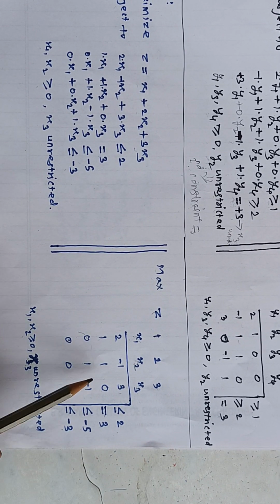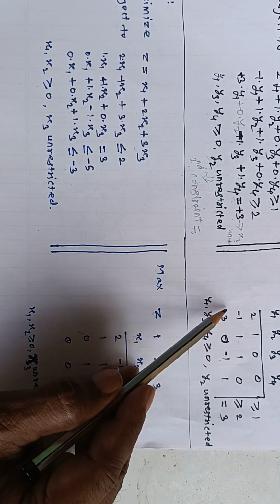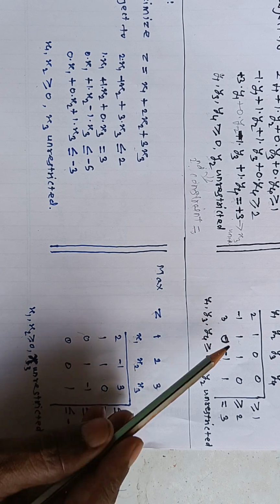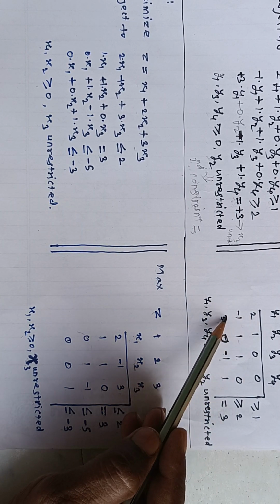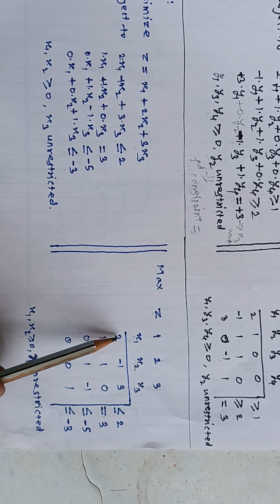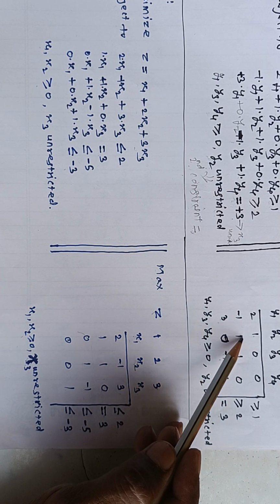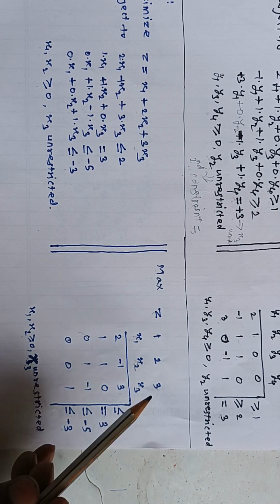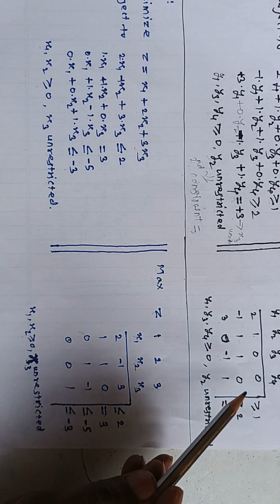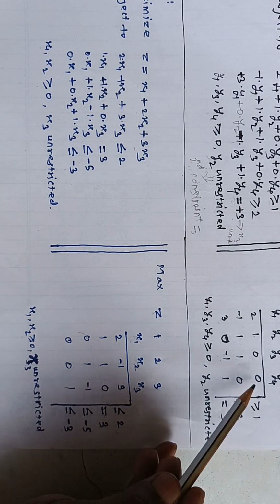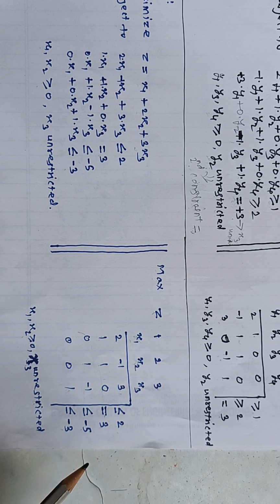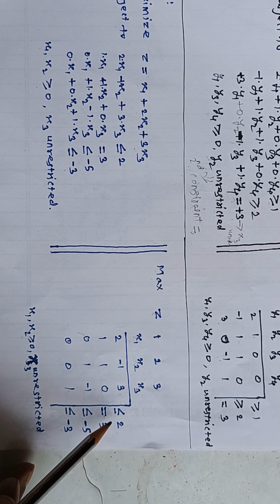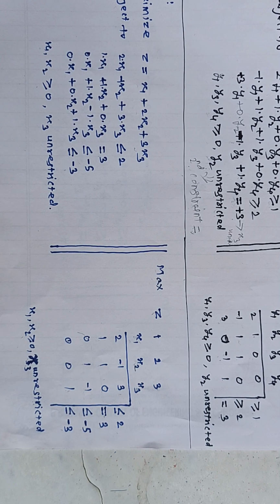Now, just like a transpose, we have to take the transpose of this, like matrices. The first column 2, minus 1, 3 becomes the first row of the dual. 2, minus 1, 3, then the second column becomes the second row, 1, 1, 0, the third column the third row, the fourth column the fourth row, 0, 0, 1. Now this is maximization type, so the inequality must be less than or equal to, or the equal to sign.